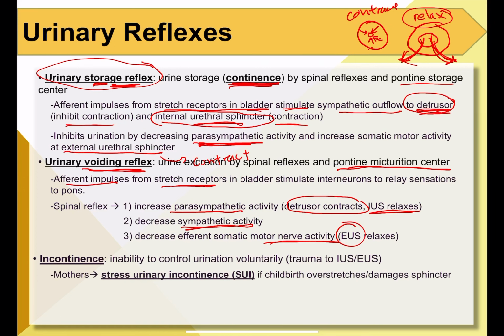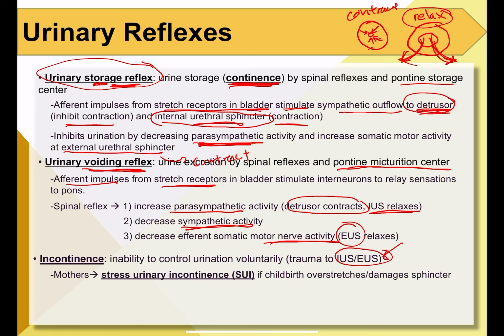Now, incontinence is the inability to control your urination voluntarily. Even though you're trying to stop yourself from peeing, the pee just comes right out. This can happen when we have any trauma to your internal or external urethral sphincter, because those are ultimately what stops urine excretion.